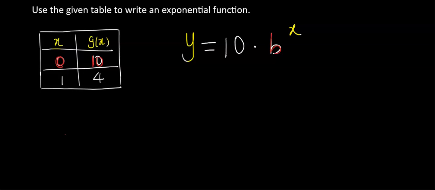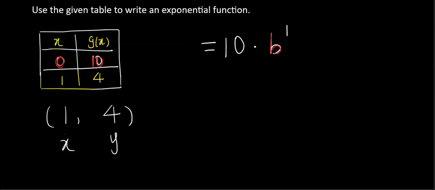We come here, look at this point. This point says (1, 4). 1 is x, 4 is y. Therefore, we come back. We're going to substitute 1 for x. We're going to substitute 4 for y. Remember, b to the first power is still b.